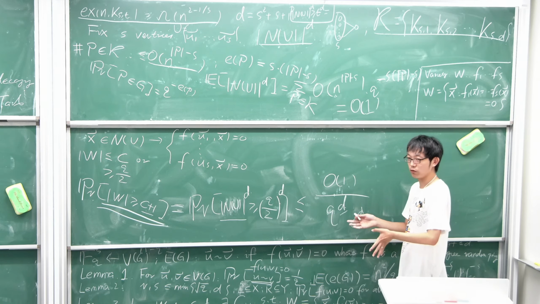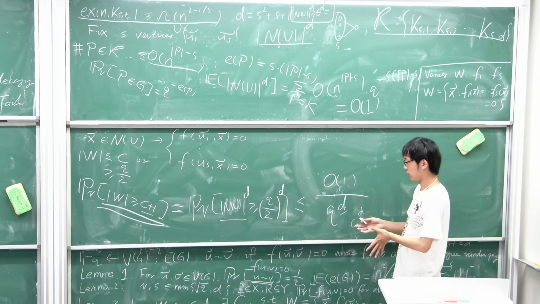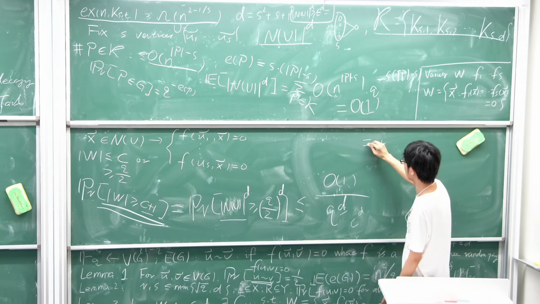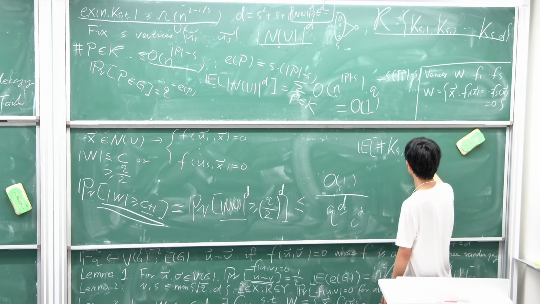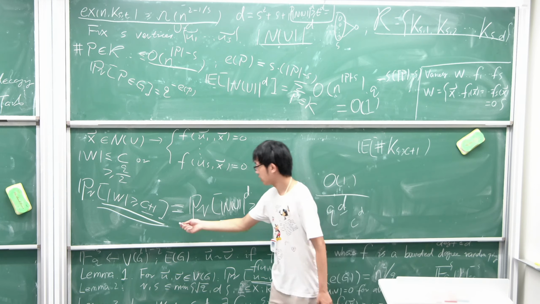We just calculate the expected number of the bad structures, I mean the expected number of the C+1 structures, and it's easy to upper bound. And then we just destroy the bad structures, and we can obtain the result we require. Okay, and this is the key idea.